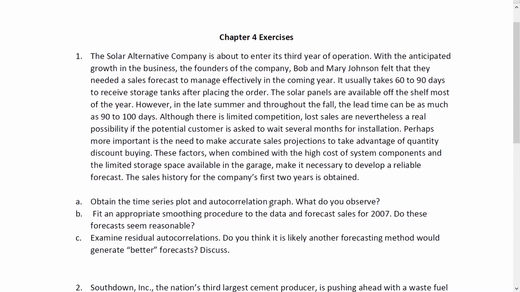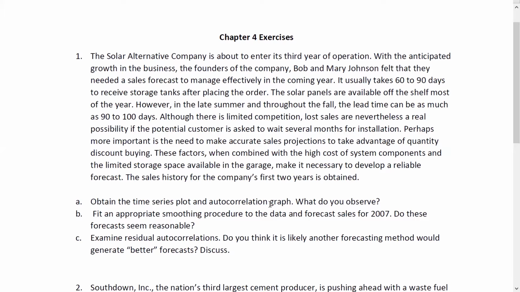The solar panels are available off the shelf most of the year. However, in the late summer and throughout the fall, the lead time can be as much as 90 to 100 days.